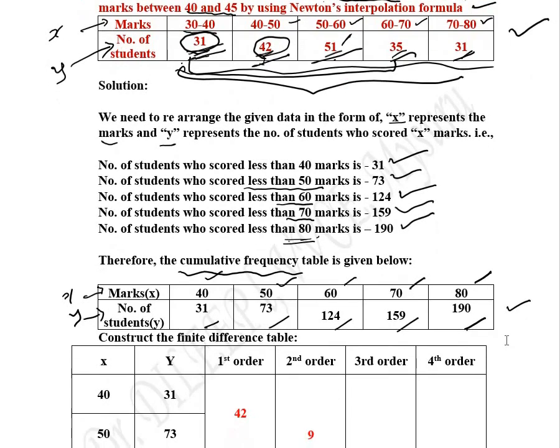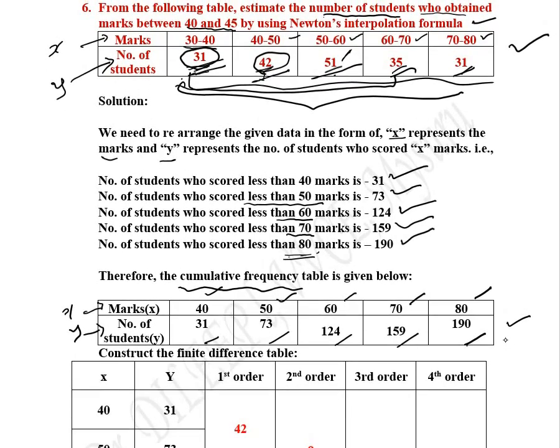Now, what we need to find out is the number of students who scored between 40 and 45. For that, I want to know how many students scored less than 40 and how many scored less than 45. The first data is given: the number of students who scored less than 40 is 31.